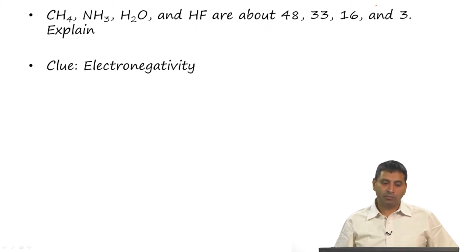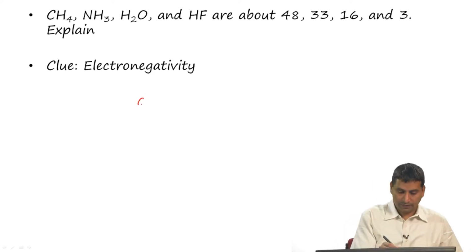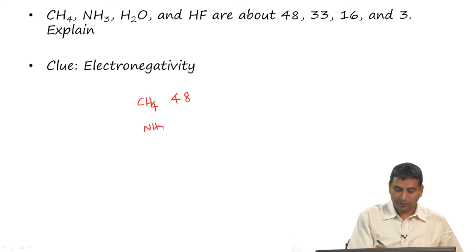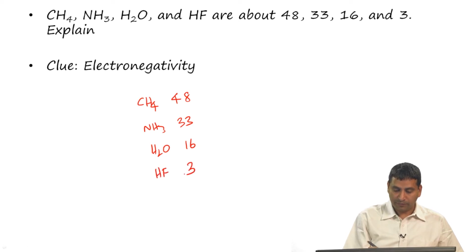Let us look at these numbers: CH4, the pKa is 48, NH3, pKa is 33, H2O, the pKa is 16 and HF, the pKa is 3.